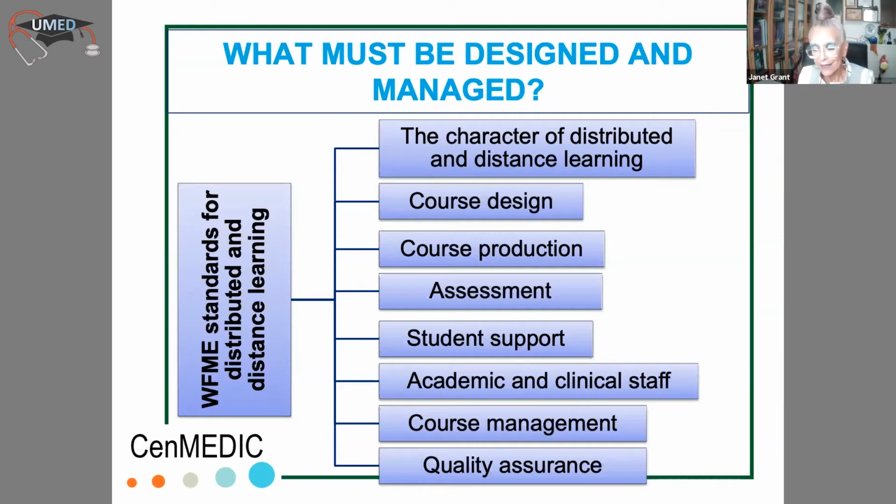And then really importantly, for management and for quality assurance. And the standards in each of these set out the principle that should probably be attained, and then ask questions. How are you going to do this?